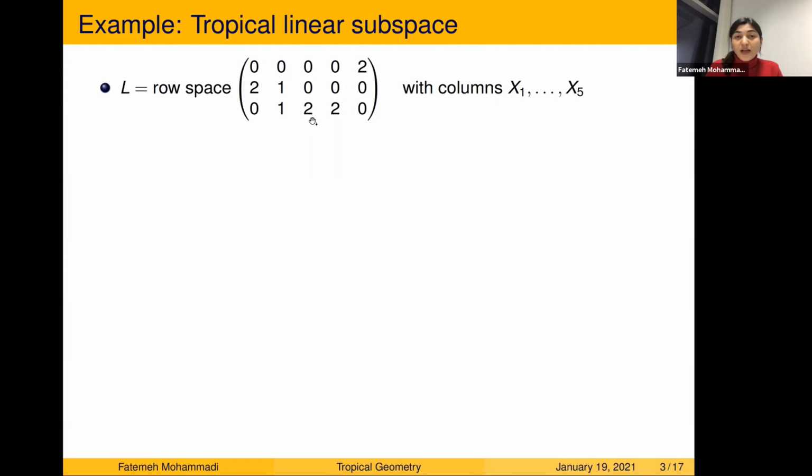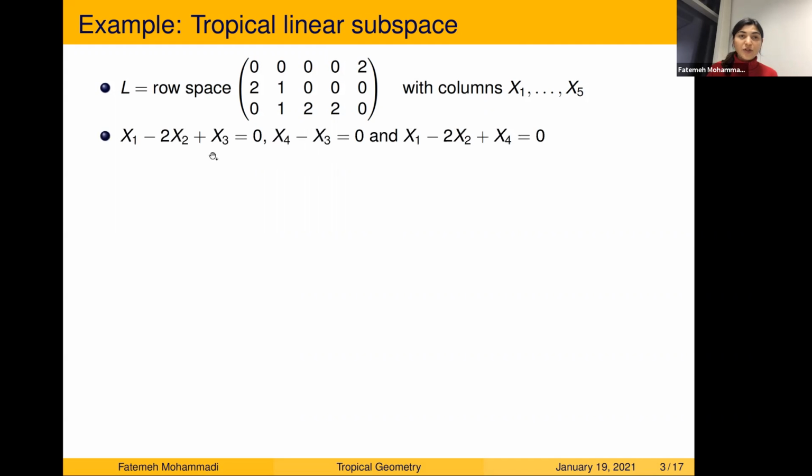For example, if you look at columns 3 and 4, you see that they're equal. So that's a minimal dependency among them. And if you look at columns 1, 2, 3, they're also dependent.